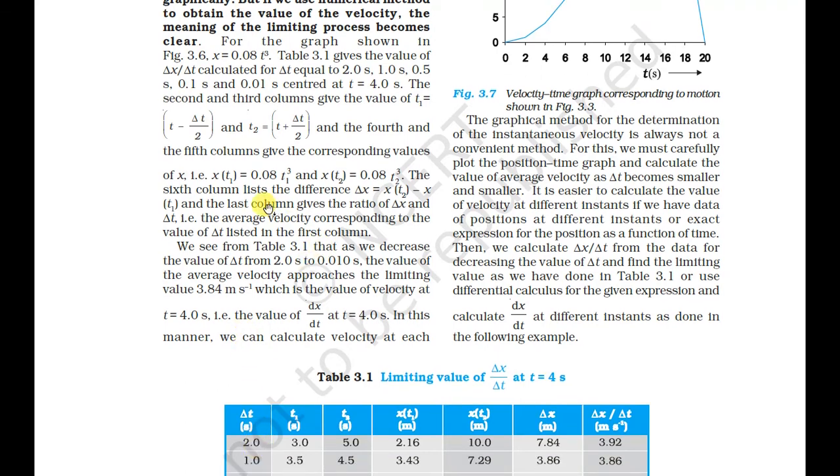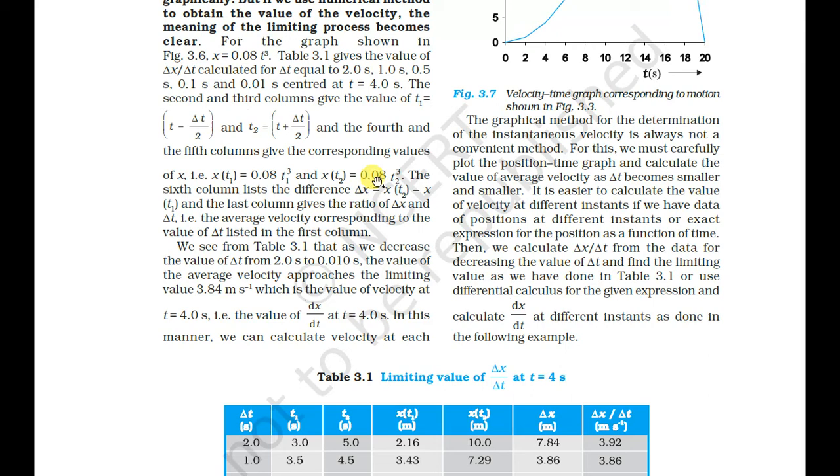So see here, t1 is equal to t minus delta t by 2, and t2 is equal to t plus delta t by 2. The fourth and fifth columns give the corresponding values of x(t1) equal to 0.08 t1 cube and x(t2).